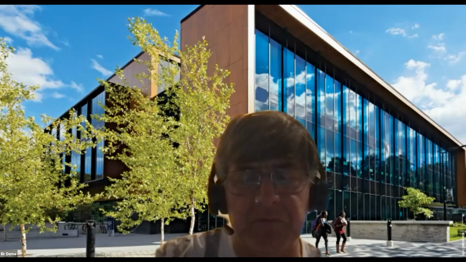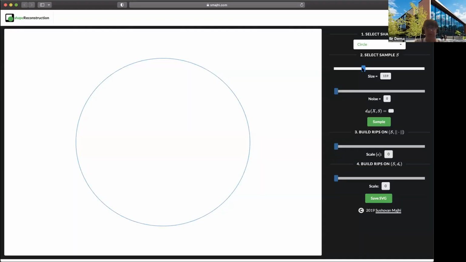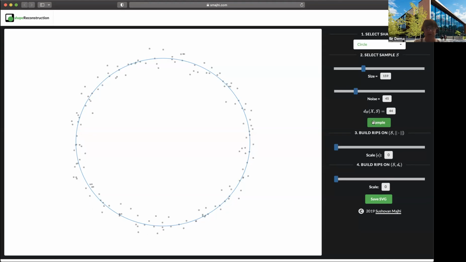Okay, here we go. Points from a circle. So we sample a number of points, and let's say that we introduce some noise, I'm just moving these sliders at random. So we did sample that cloud of points. The theoretical manifold is the circle.